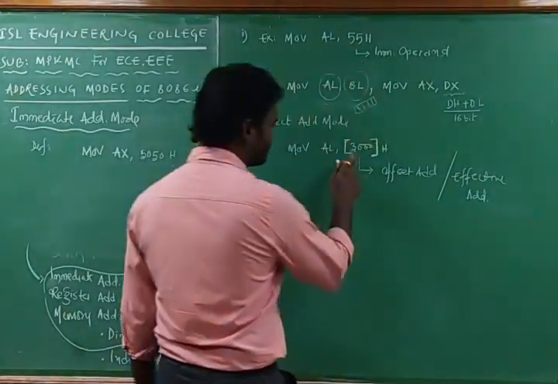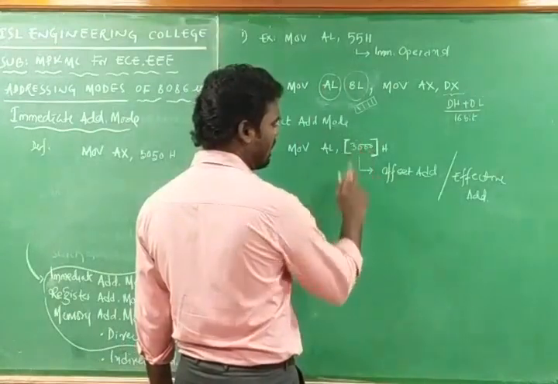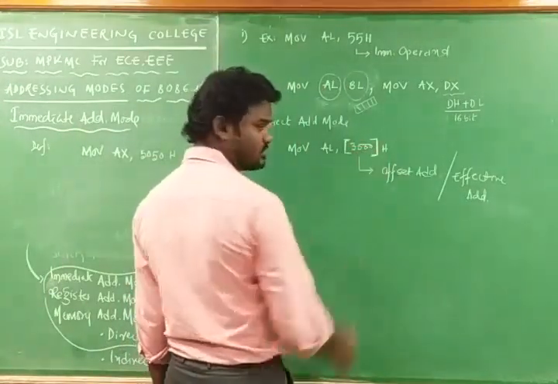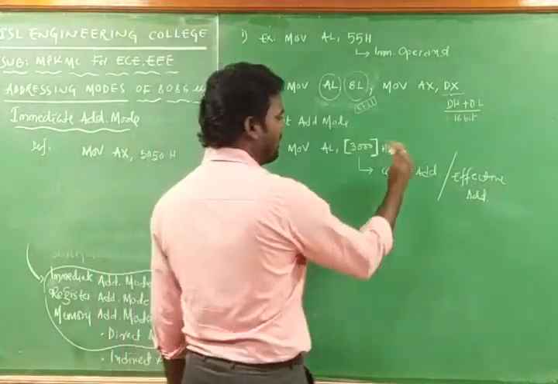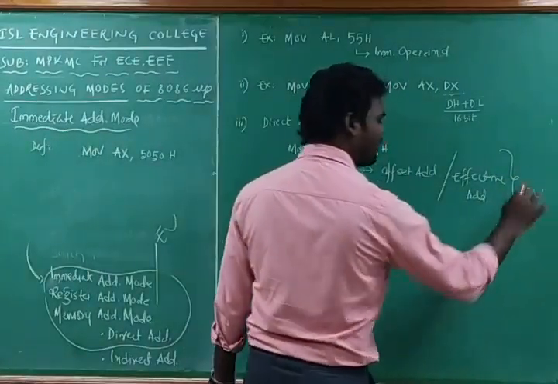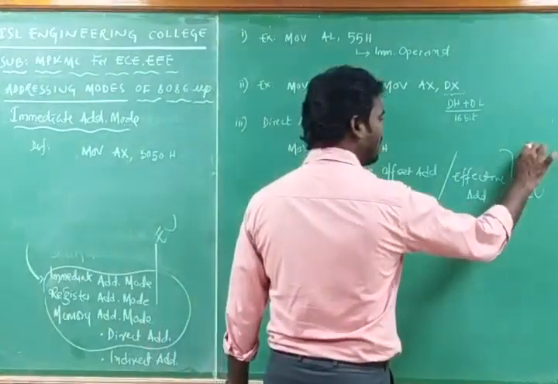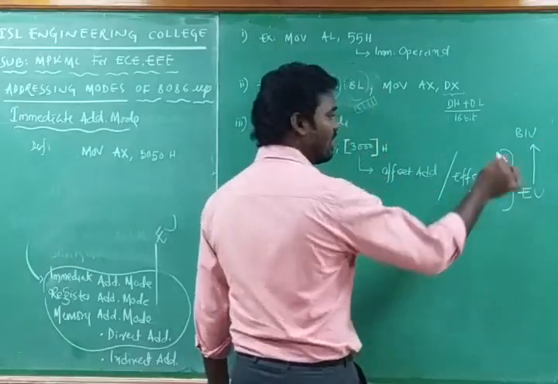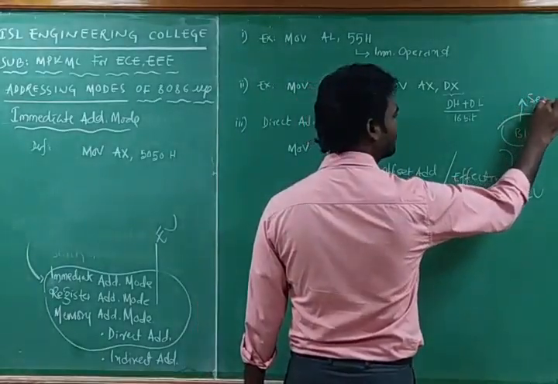Now the offset address is a 16-bit binary number, and this offset address is 3000H. It is there in the execution unit. The execution unit will give the offset address to the bus interfacing unit, where the bus interfacing unit is going to have the segment address.